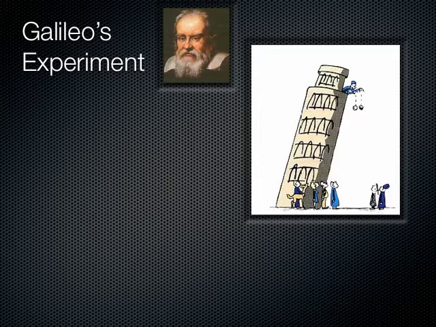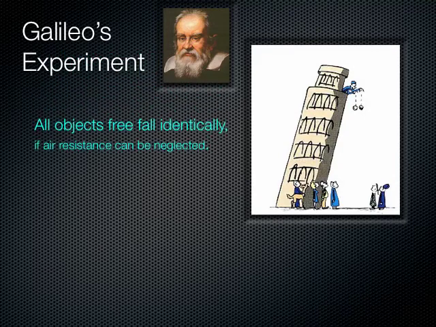Legend has it he dropped objects from the Leaning Tower of Pisa and showed that the objects all fall at the same rate, regardless of what the object is, as long as air resistance didn't come into play. So all objects free fall identically if we can ignore air resistance, and for things like paper and leaves we cannot, but for heavy objects that don't catch much air we can, for short distances, for quick falls.